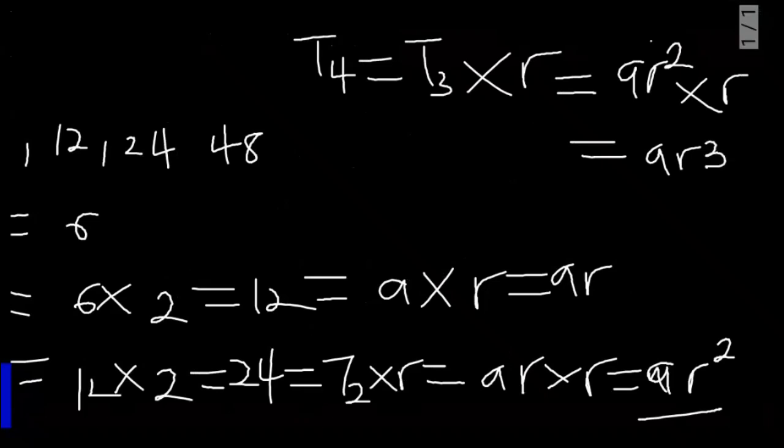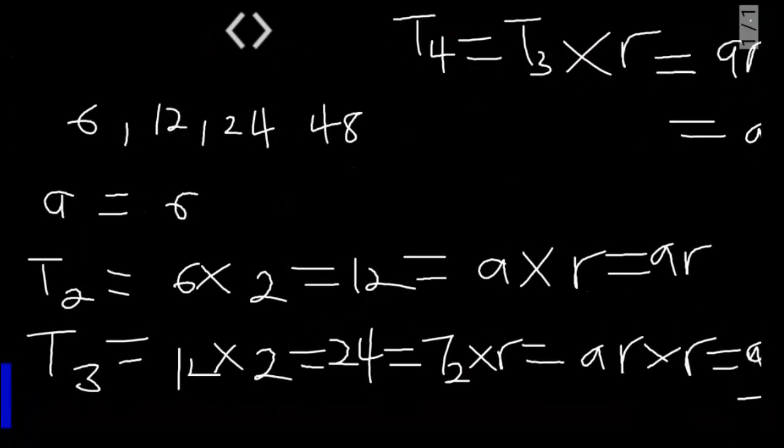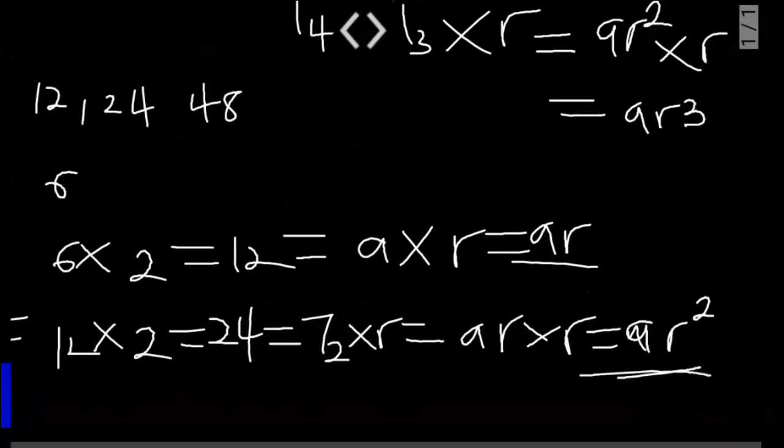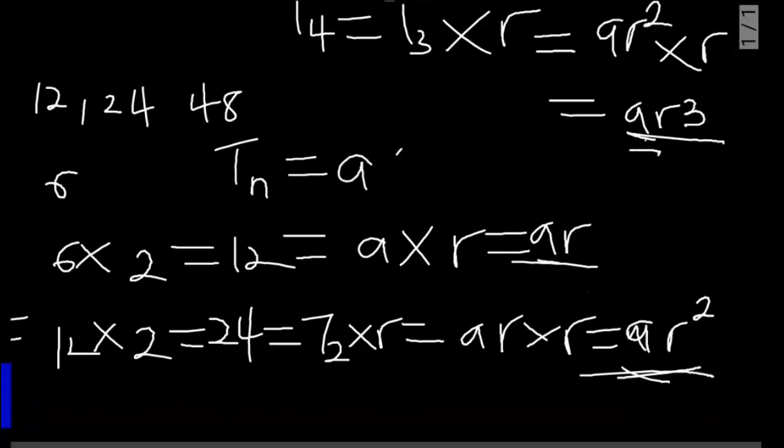If you look closely at these values, here we have Ar, here we have Ar squared, here we have Ar cubed. You see that to get a missing term, we have to pick the first term A, multiplied by the common ratio, raised to the power of that term's position minus 1.